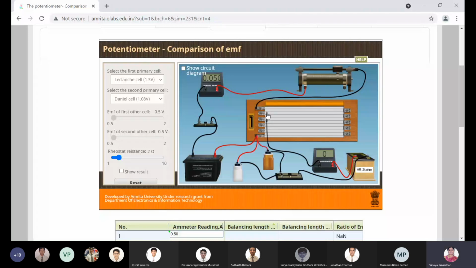So this point is 800. Boys, can you see the galvanometer value keeps changing? 30, then 365. So I have to go for the balancing length where it is 0. So 630, 700 minus 9.